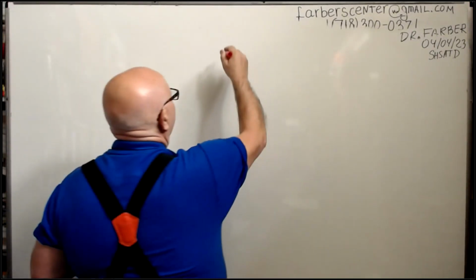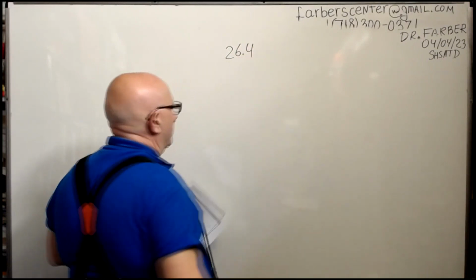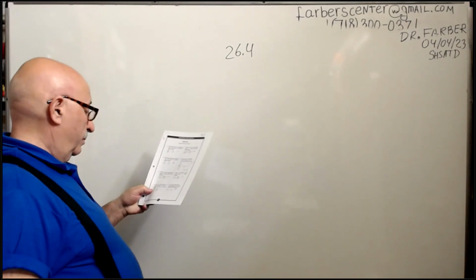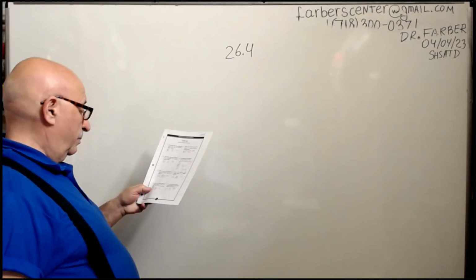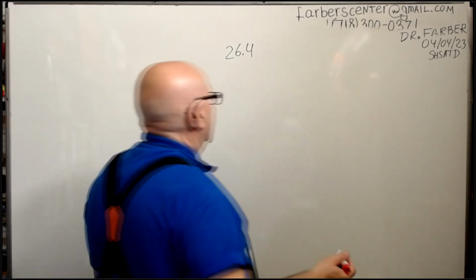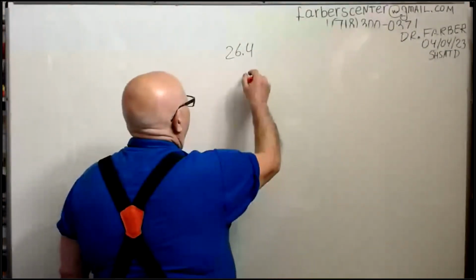Number 4. Yes. Each of the interior angles of a regular polygon is 160 degrees. How many sides does the polygon have? Okay, thank you. So how to find each angle? You have to find the total.